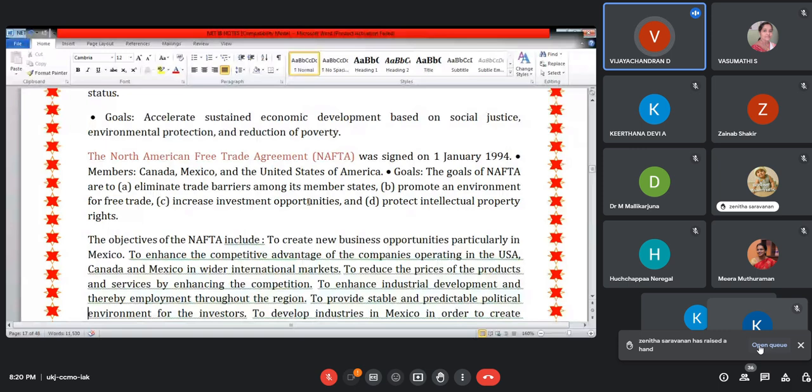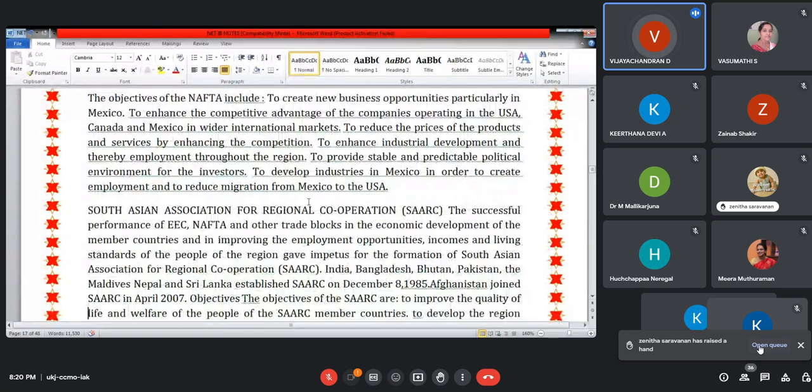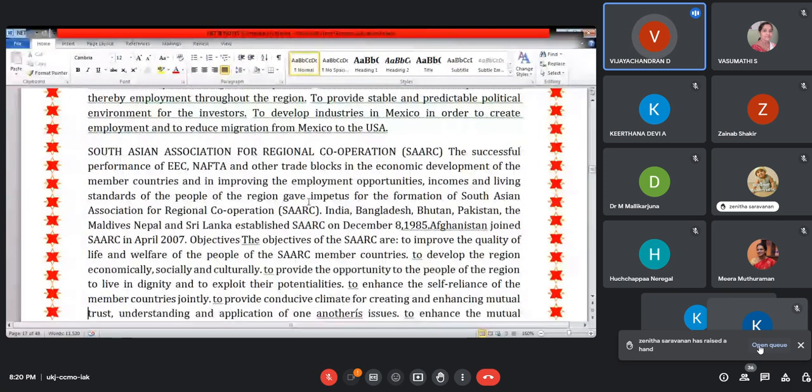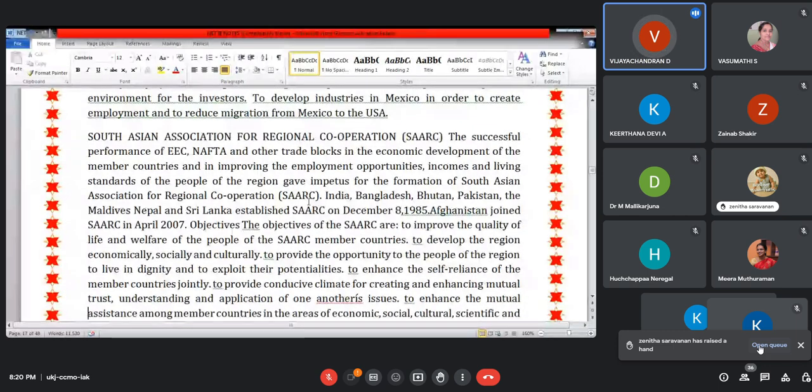So objectives given, and SARC. I told SARC. India is a member of SARC. With the successful functioning of NAFTA, AFTA, the European Union Council, with the successful existence of those regional trading blocks, there was the emergence of another regional block called the South Asian Association for Regional Cooperation.